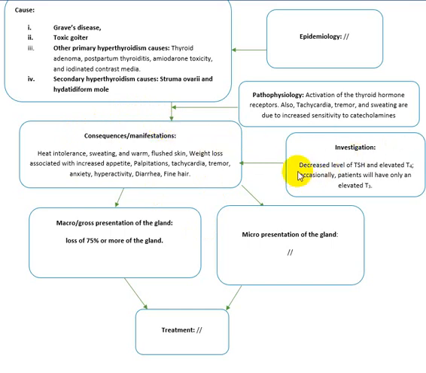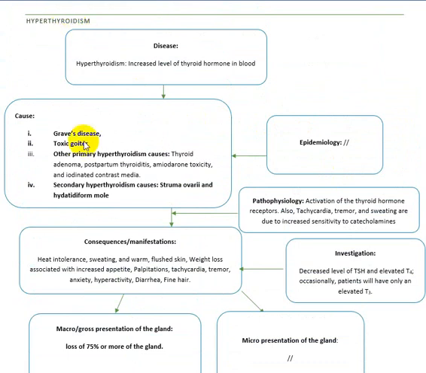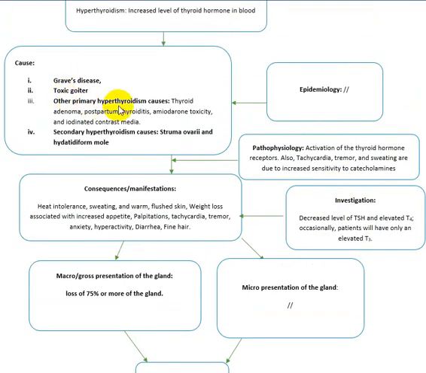Investigation: you have a decreased level of TSH and elevated T4. It depends on the case. With hyperthyroidism, you can have primary and secondary hyperthyroidism.